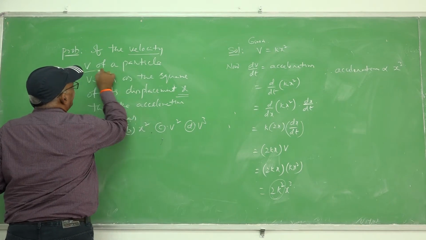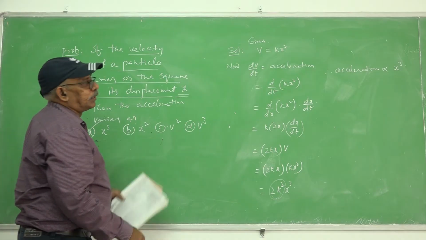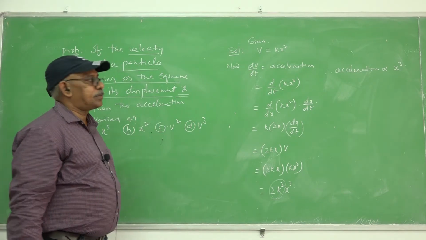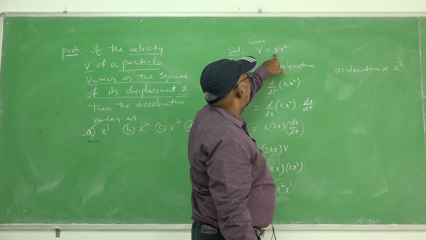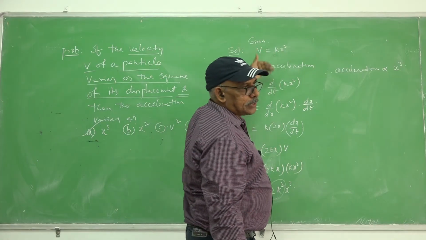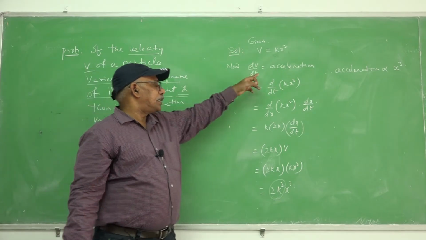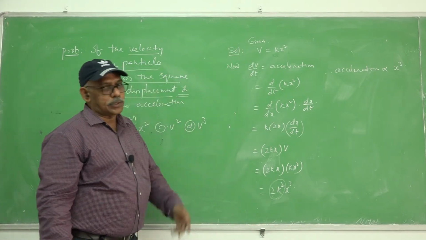Velocity v of a particle varies as the square of its displacement. That means v is directly proportional to the square of the displacement. Since directly proportional, I am taking the proportionality constant as k. V equal to kx square. Based on that, we can show that the acceleration is some constant into x cube, which is directly proportional to x cube.